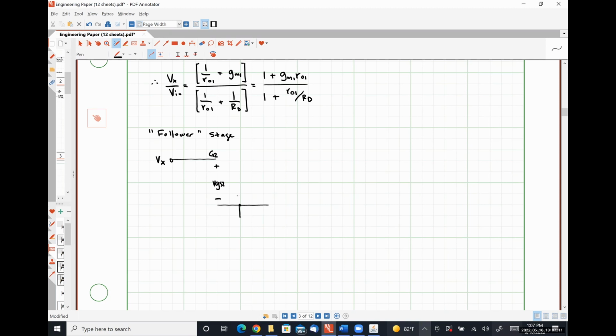At our source, we have those lumped together resistors I'm calling RS. And then between the drain and the source, we have GM2 VGS2. Here is R02.